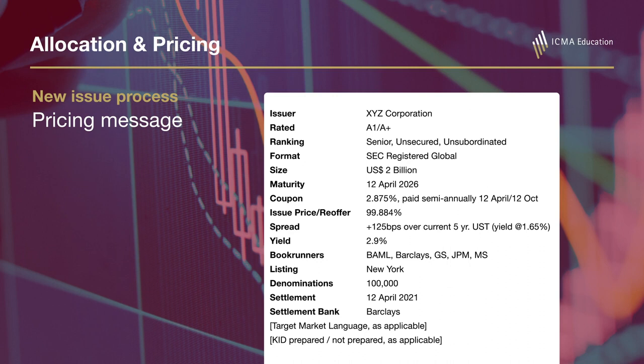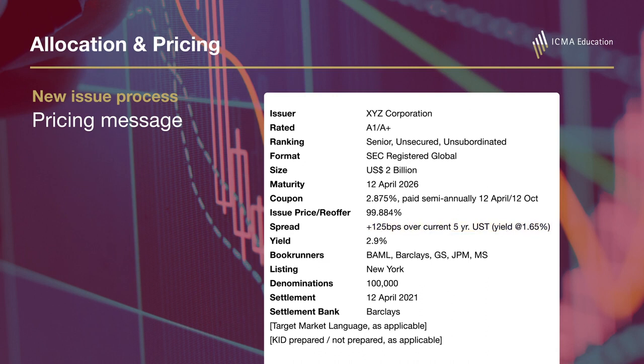And the spread of 125 basis points is the difference between the yield on the underlying benchmark bond, in this case the 5-year US Treasury, which is set at 1.65%, and the yield on the bond itself, which is set at 2.9%. So the difference there being 1.25%, which is equivalent to 125 basis points.